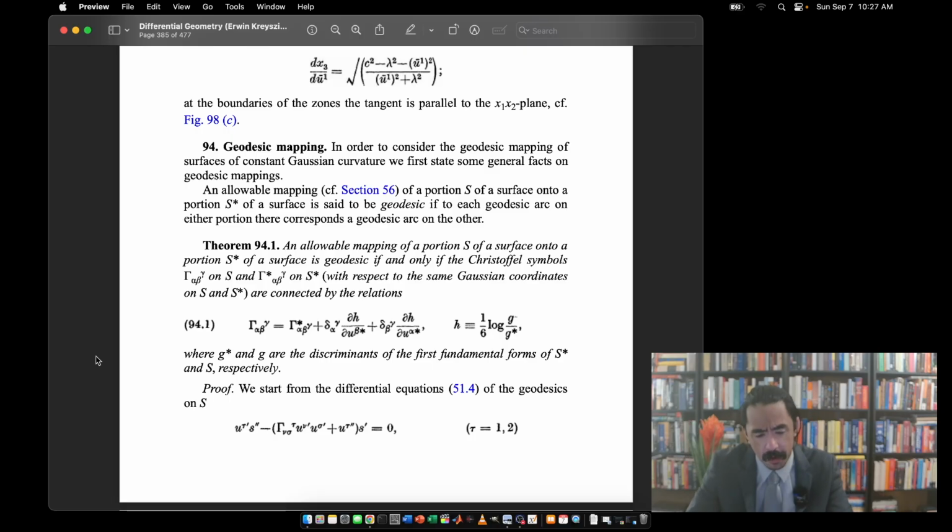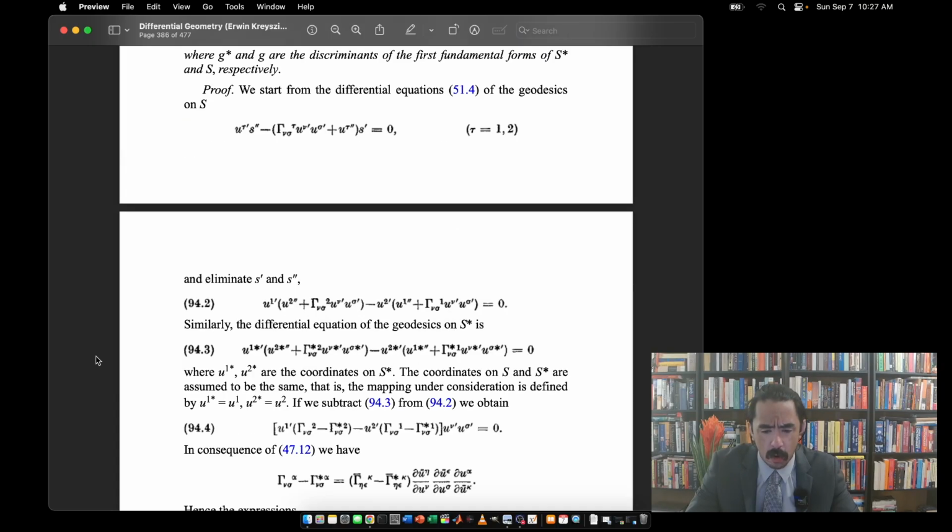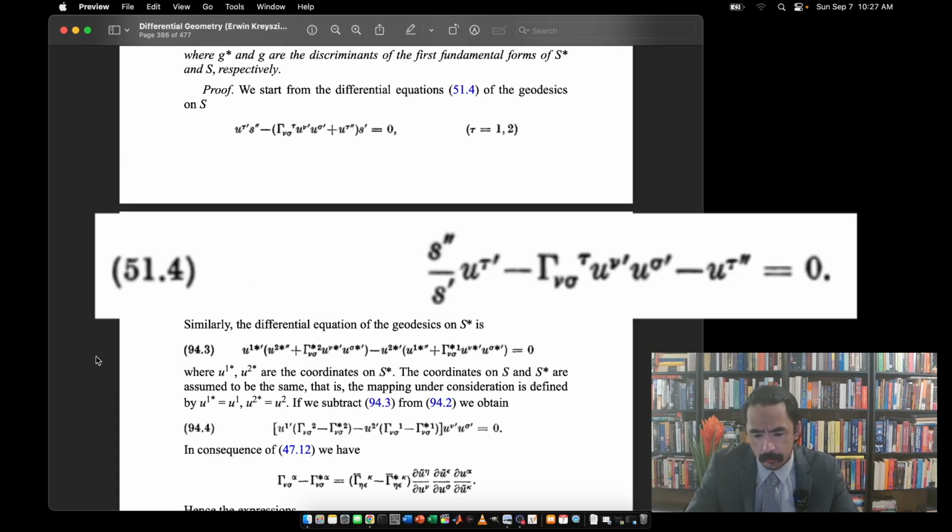So the proof of theorem 94.1 is as follows. We start from the differential equations in section 51 of the geodesics on the portion of the surface S. So 51.4, just to remind ourselves, we have s double prime over s prime times u^τ prime minus Γ_{νσ}^τ times u^ν prime times u^σ prime minus u^τ double prime is equal to 0.